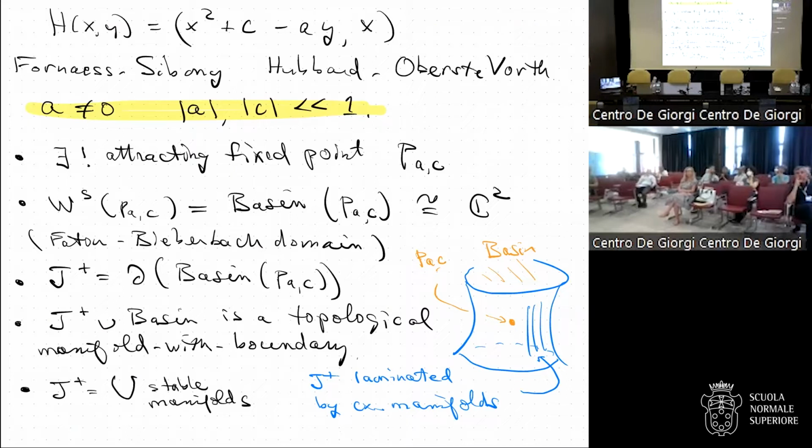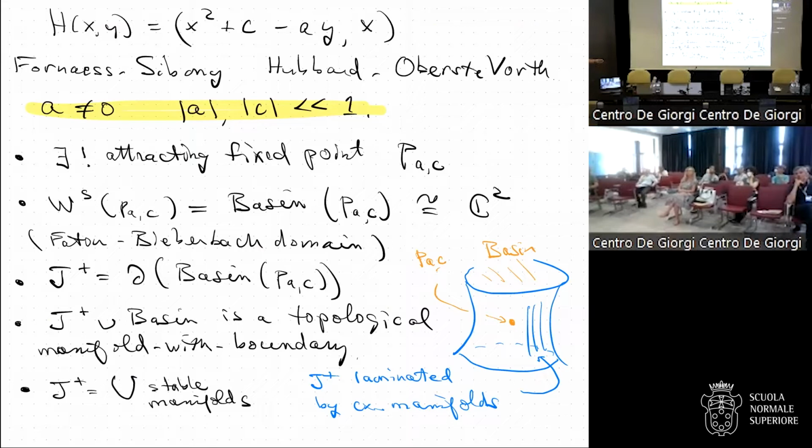And they said, well, suppose A is very small, C is very small. This is like being in the main cardioid because you have a unique attracting fixed point. And so we're in this situation here.